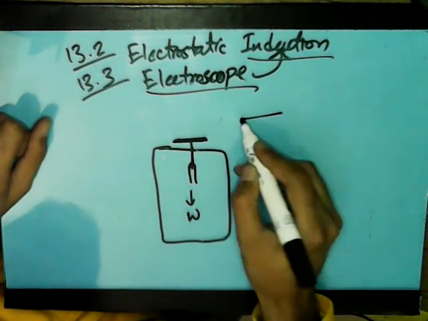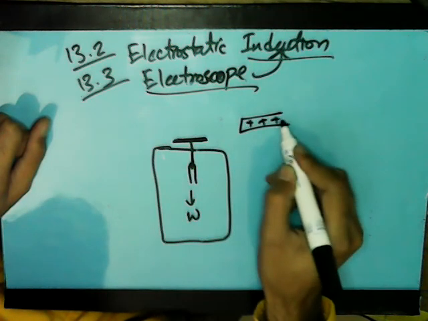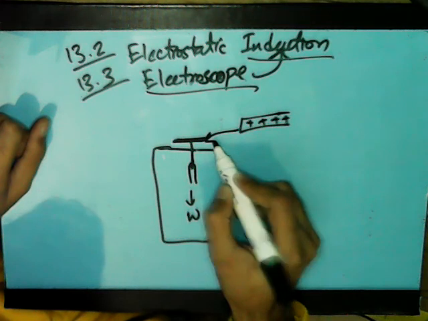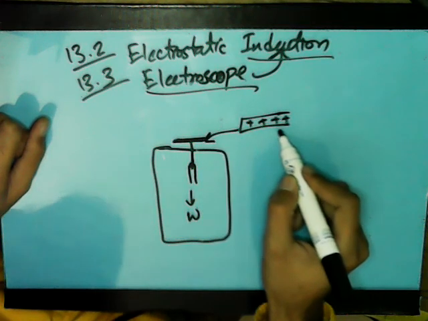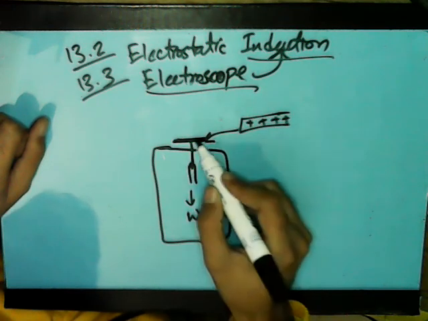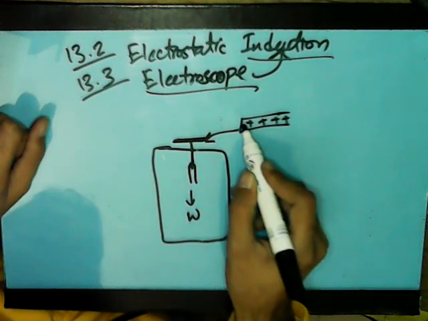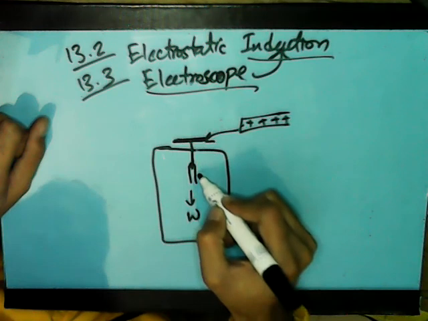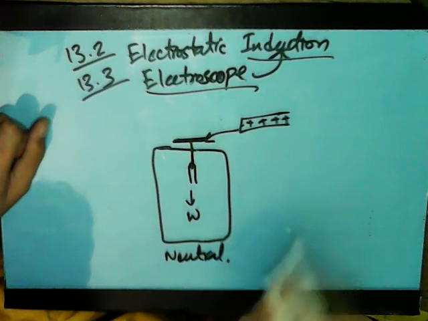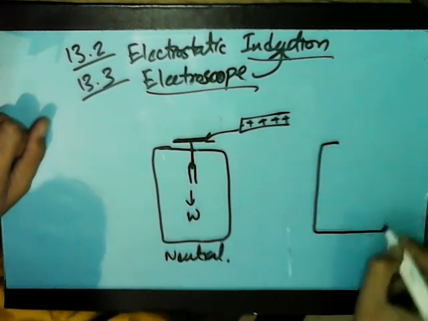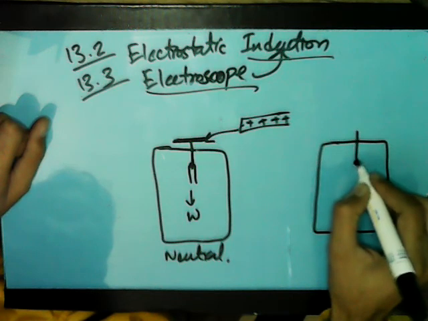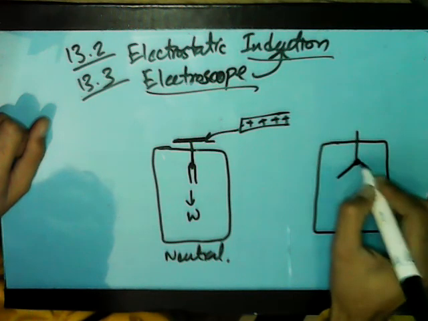But if I bring a positively charged rod, let's say a piece of metal which was positively charged, and touch it on this, then what will happen? All of these positive charges are going to consider this as a neutral ground. Currently this is in neutral form, so if I touch it, these gold foils are going to get repelled.